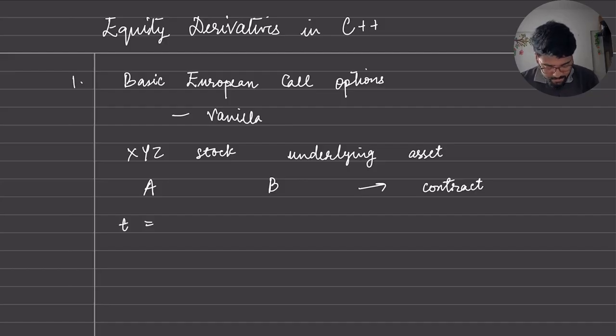So for t equals 0, at this particular time, A pays B a premium, which is also known as the premium of the option.